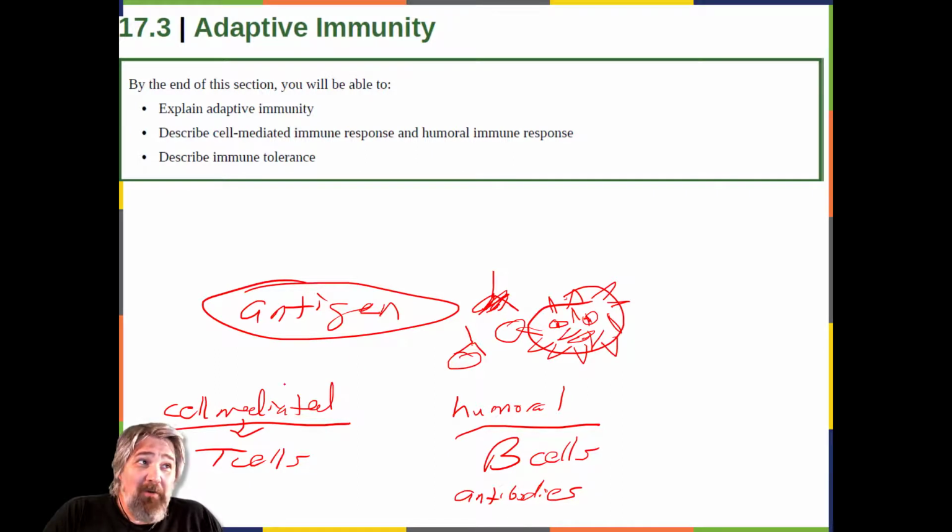So our two components of the adaptive immunity are the cell-mediated immune response, and that's primarily by T cells. And humoral immunity involves B cells and antibodies, right? Let's go on here.